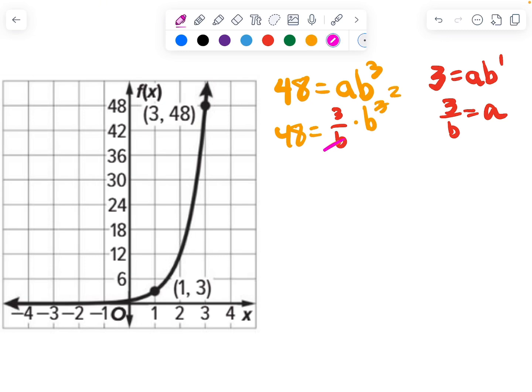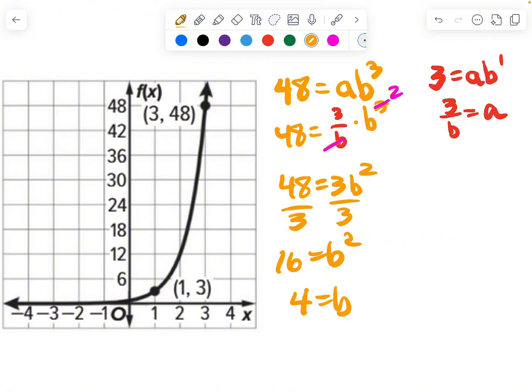So 48 equals 3b squared, divide by 3, get 16 is equal to b squared, so 4 is equal to b. And I'm going to plug that into this equation. So 3 equals a times b, and my b value is 4.